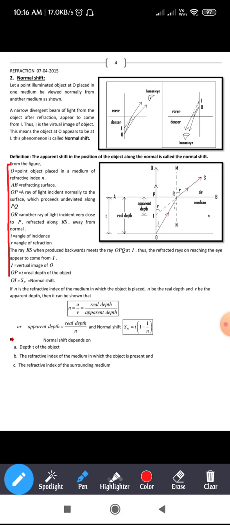Next, OR is another ray of light incident very close to P, refracted along RS away from the normal. i is the angle of incidence and r is the angle of refraction. The ray RS, when produced backward, meets the ray OPQ at I. Thus the refracted rays, on reaching the eye, appear to come from I.